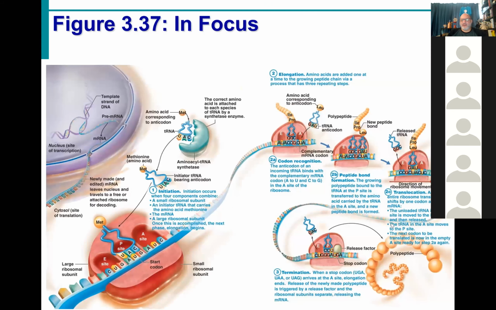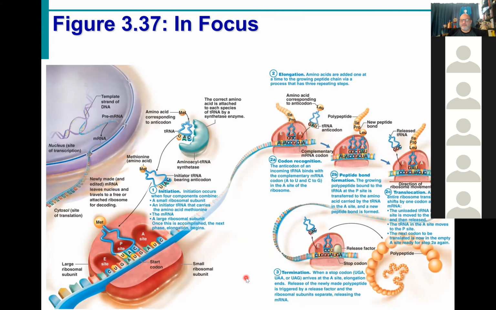Now, as I promised, your textbook's got a great illustration that does a really nice job of showing this, where again, it shows our 3 sites in the large subunit of our ribosome, the transfer RNAs bringing in the new one, forming that bond, breaking that bond, shifting down as it goes, and so forth, until we reach the stop codon, which it calls a release factor.